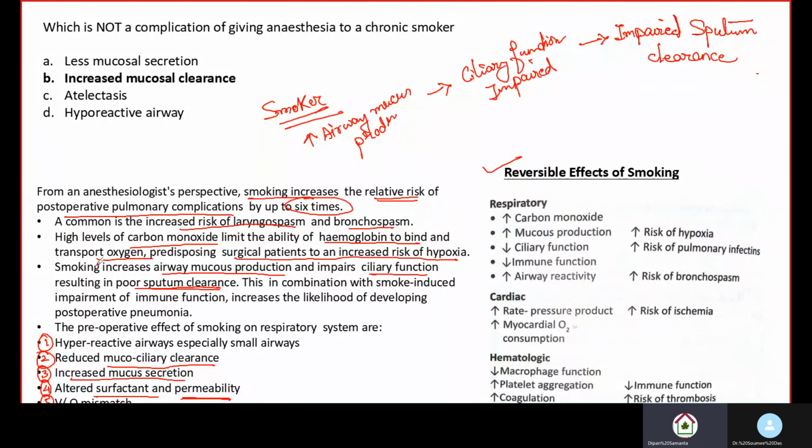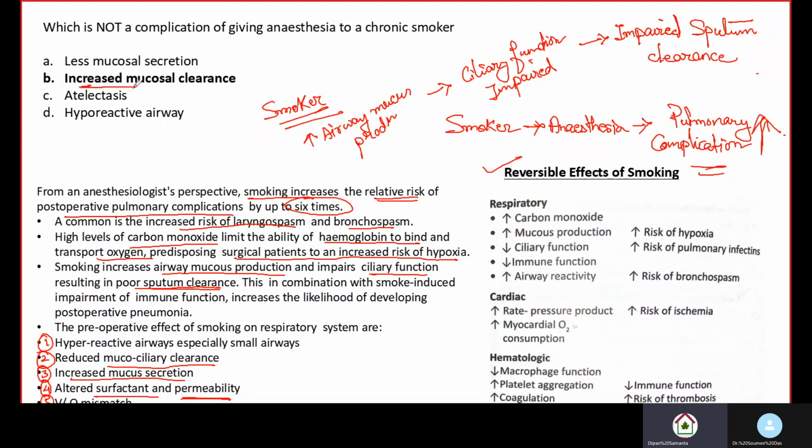And if in this situation anesthesia is given, then obviously the pulmonary complications increase. So if a smoker is given anesthesia during surgery, which has to be given, pulmonary complications increase up to sixfold.